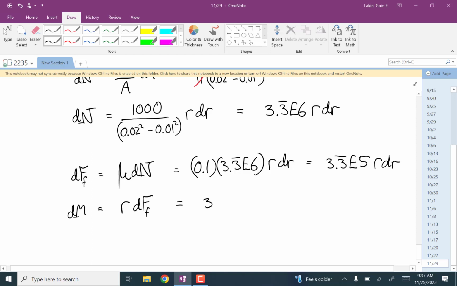And so that is 3.3 repeating times 10 to the 5th times r squared dr.